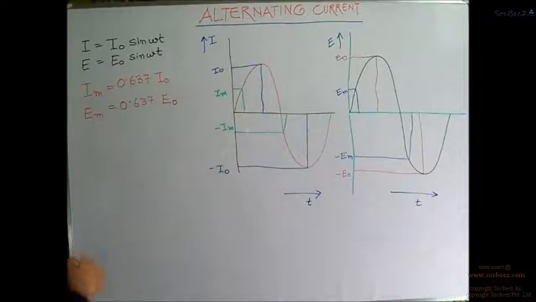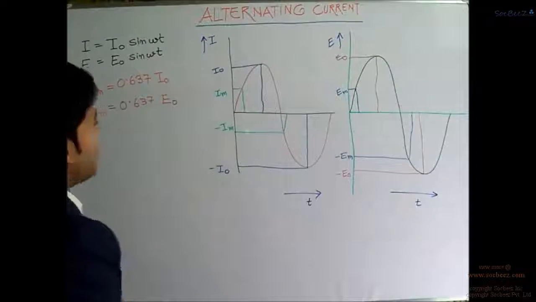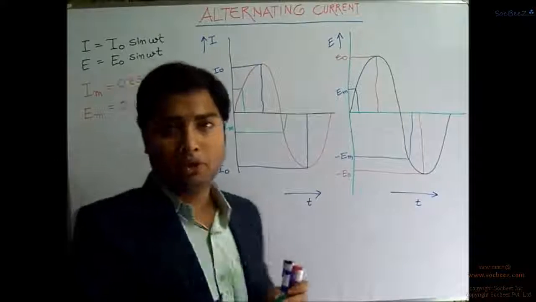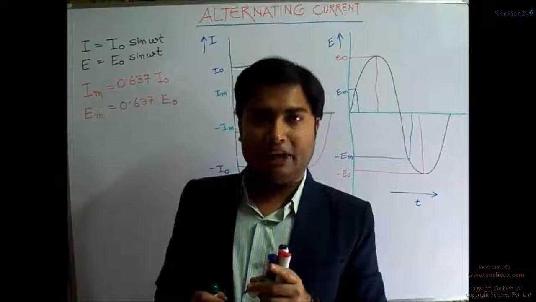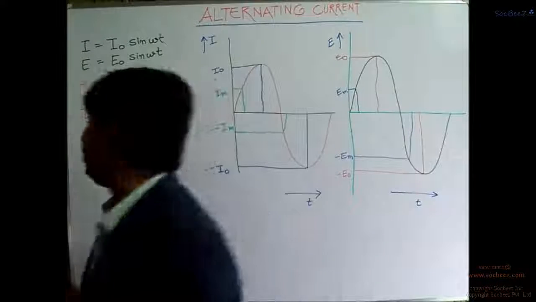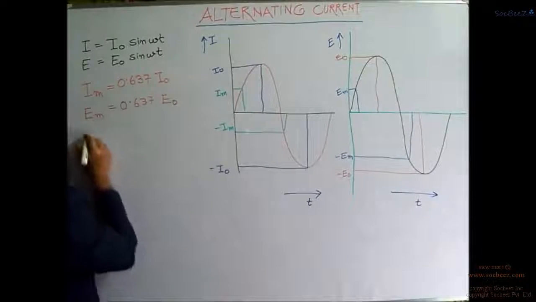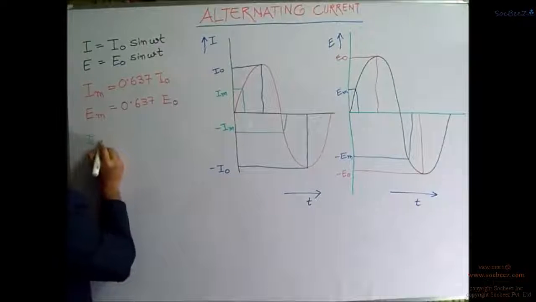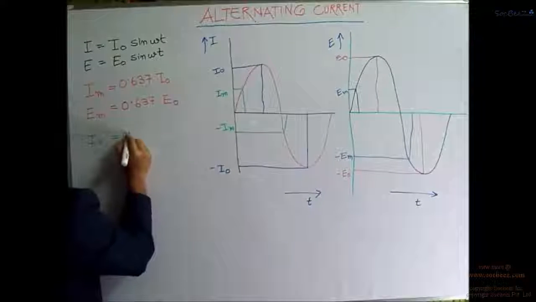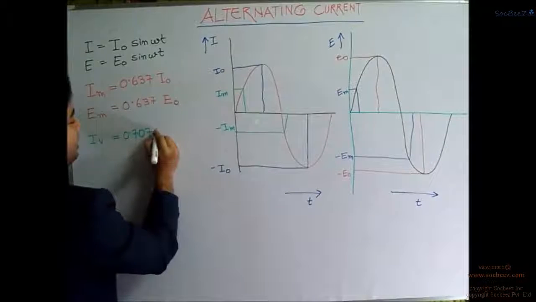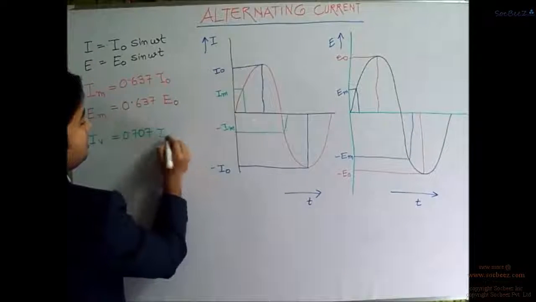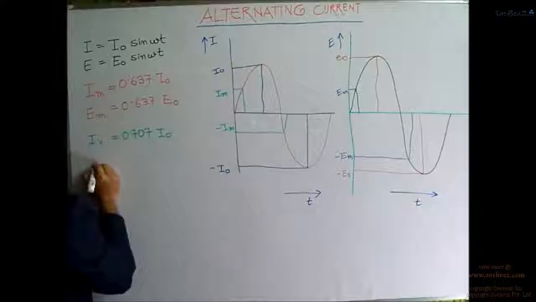Now for the other equation, we know that for the RMS value, or the effective value, or the virtual value, we found out that IV will be equal to 0.707 I naught.